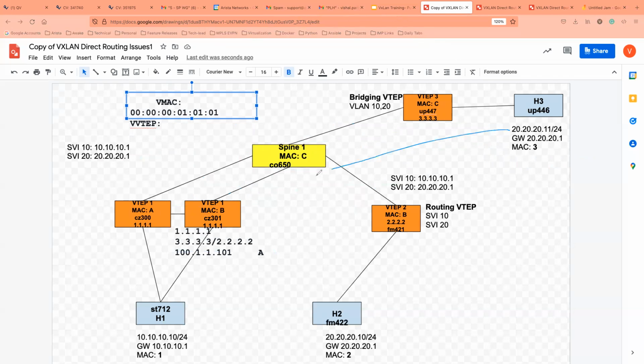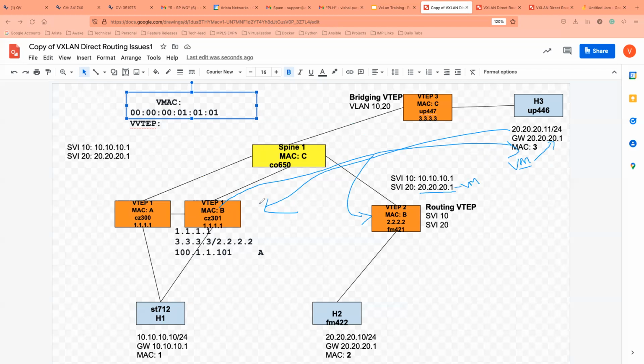When H3 sends out an ARP request, it will get to both the VTEPs, and now they will reply back with the virtual MAC. So now this is resolved through the virtual MAC. Both will reply that if you want to reach me as a gateway, my MAC is the virtual MAC.